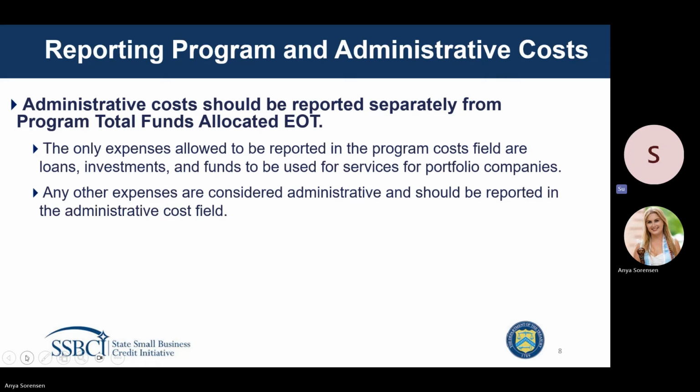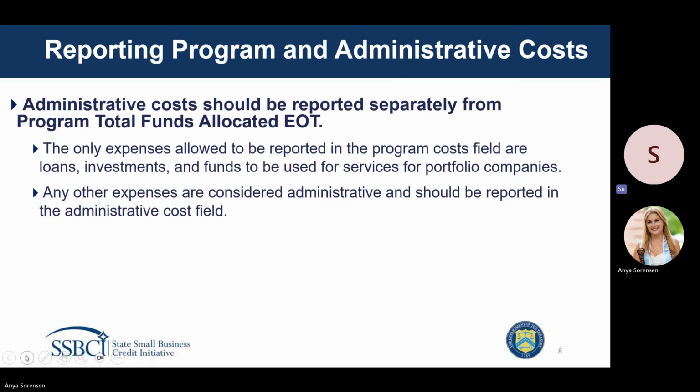All other expenses are considered administrative and should be reported in the administrative cost field. For example, if a jurisdiction makes a commitment of SSBCI funds to a venture capital fund and a portion of those funds are administrative funds to be used for the VC fund, the jurisdiction should report the administrative portion in the fund's EOT for administrative costs section of the quarterly report.